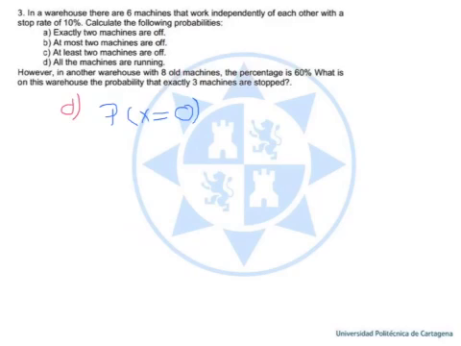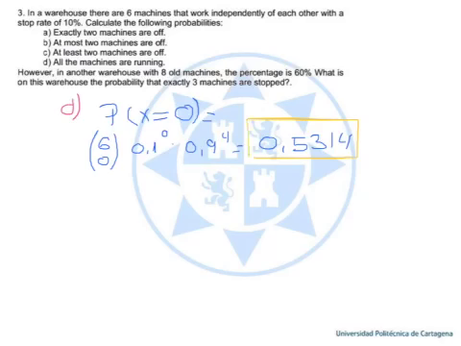This is easy because we can just look for the value in the tables, or otherwise we can apply the formula of the binomial distribution. Here we use the formula, and doing the calculus with the calculator, we obtain the result for part D.